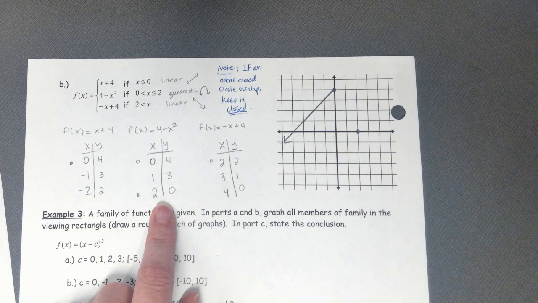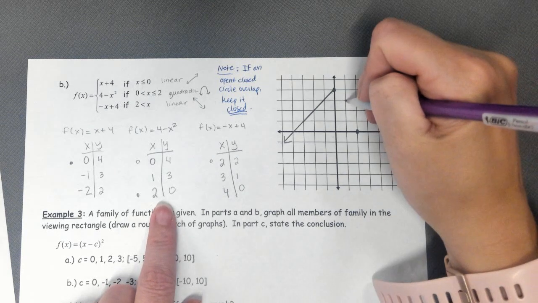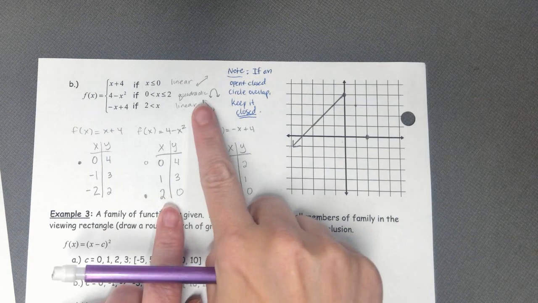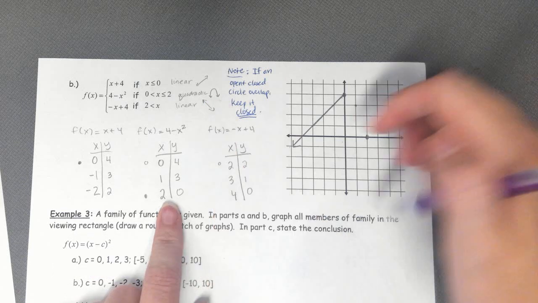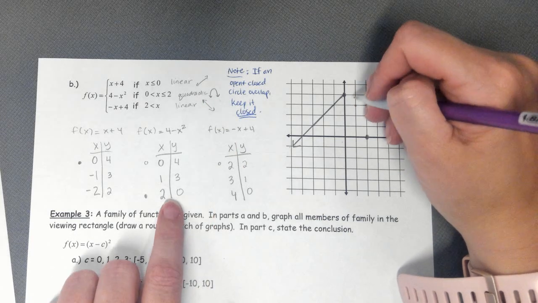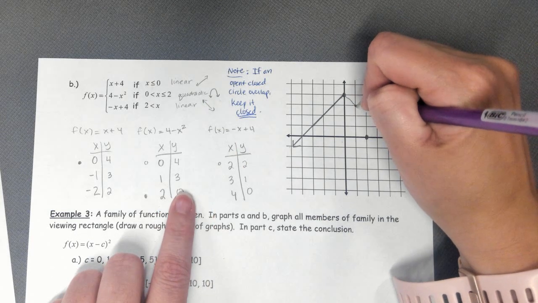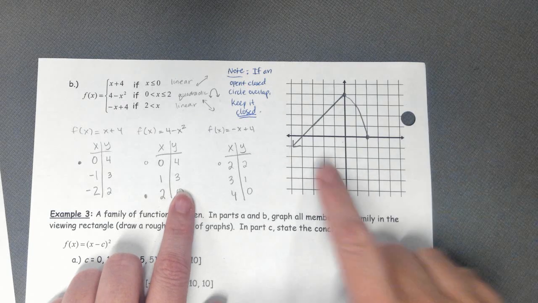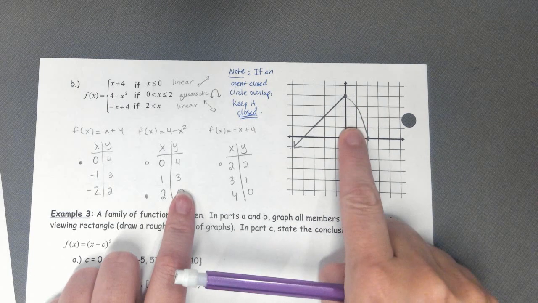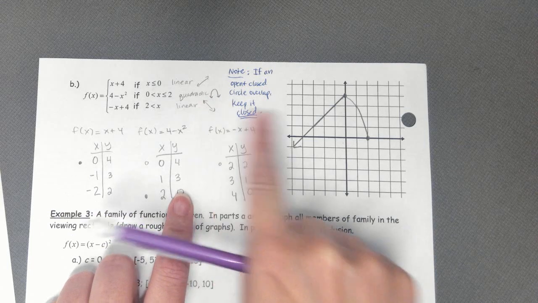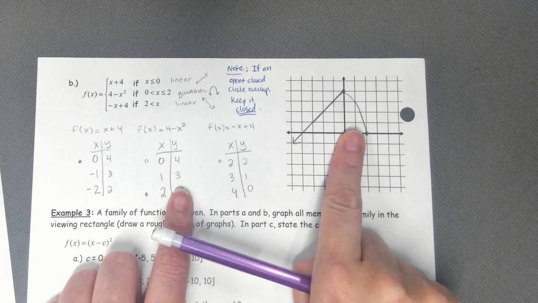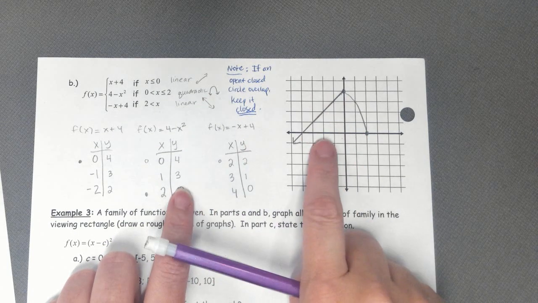Now keep in mind for this one, this should be a quadratic, which means when you connect these, it's going to have a curve to it. Okay, so there's going to be a slight curve for this one. Because it's a quadratic, that's part of a parabola that's opening down.